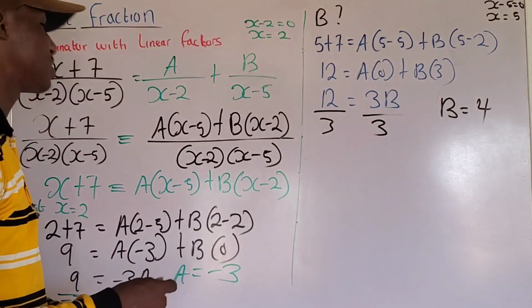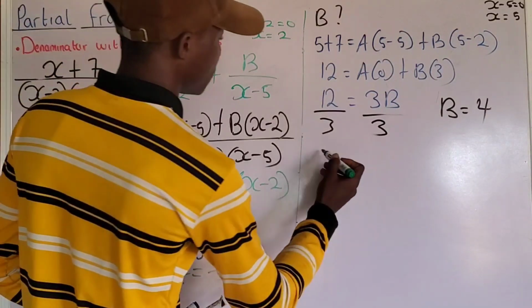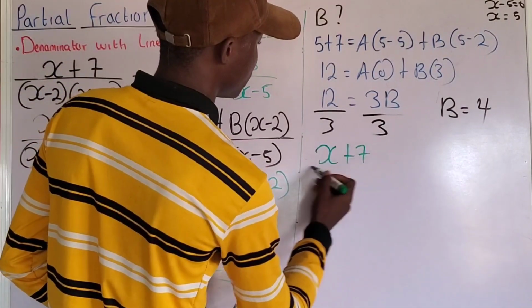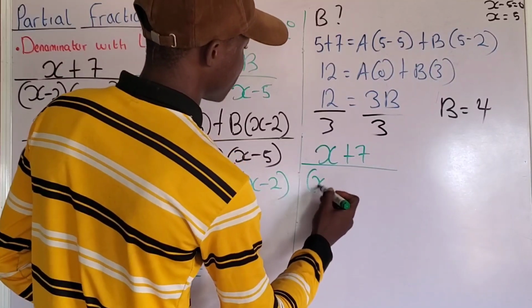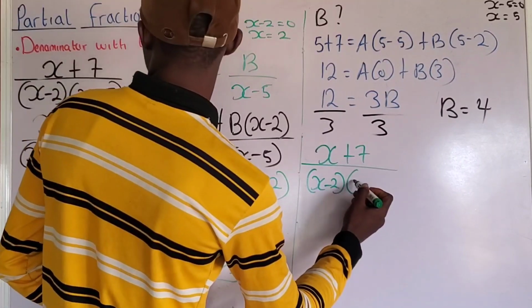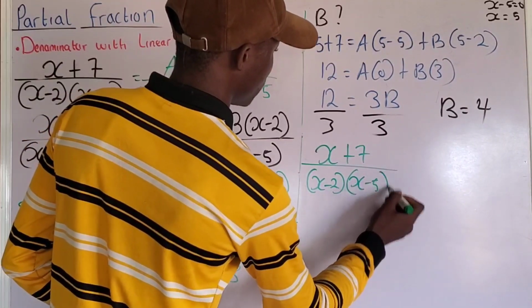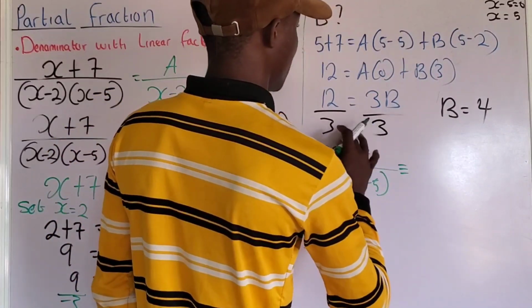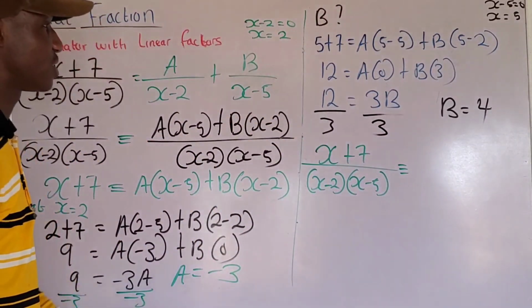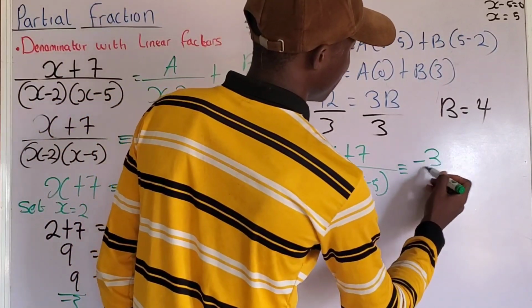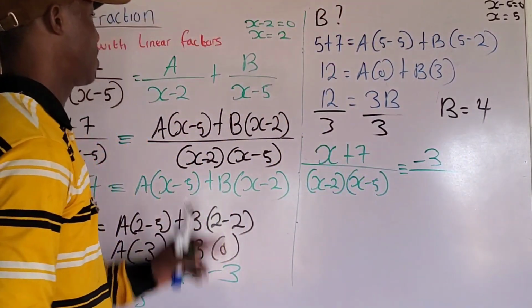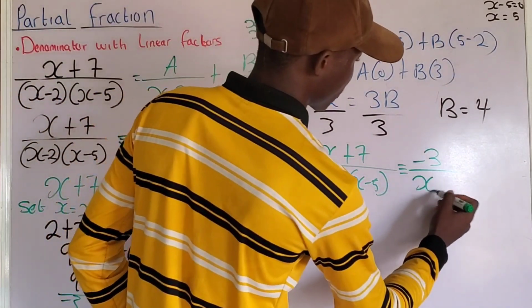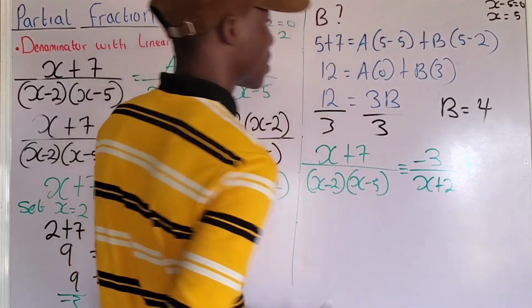So let us substitute. For this, I'm going to have x plus 7 all over x minus 2, x minus 5 will be equals to A. A is what? A is minus 3, so I'm going to have minus 3 all over x plus 2 plus, okay, we have 4.